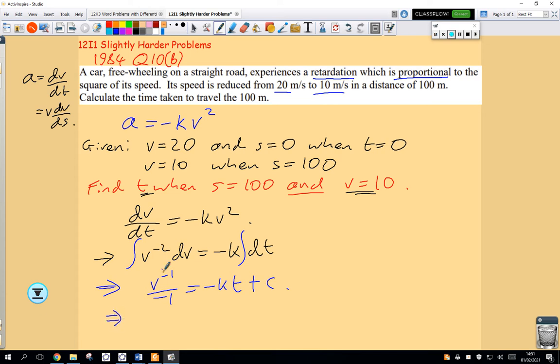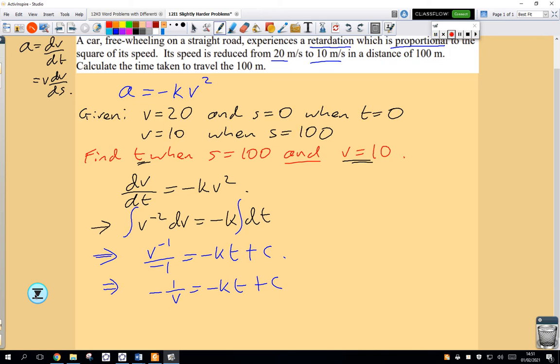So v to the power of negative 1 is 1 over v divided by negative 1. That's negative 1 over v is equal to negative, whatever k is. Again, I emphasize we don't know what that is yet. At some stage we're going to have to find it to solve the question. But we do know that negative 1 over v is equal to negative kt plus c.